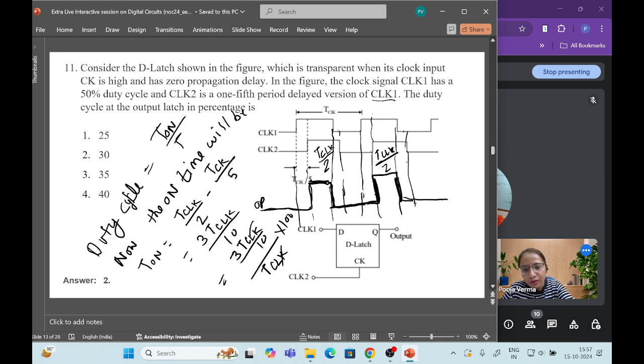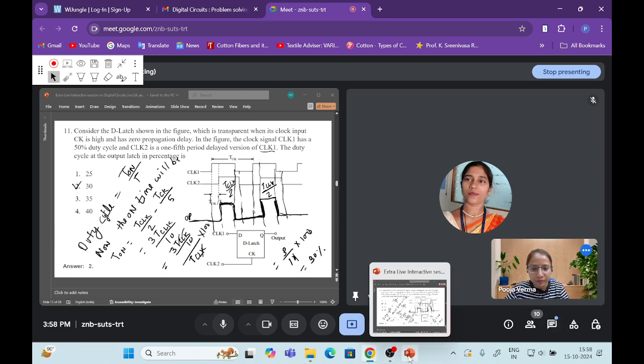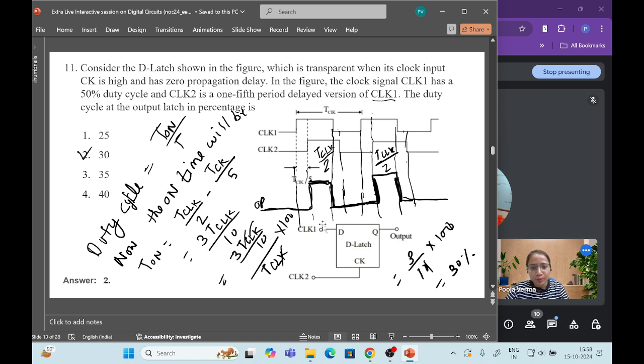So T clock will be cancelled out. So here we will get 3 by 10 into 100, so 30% only. So that's why option 2 is the correct answer for this question. Yeah, Yamuna, this is 30%. Okay, so I hope you understand this question.